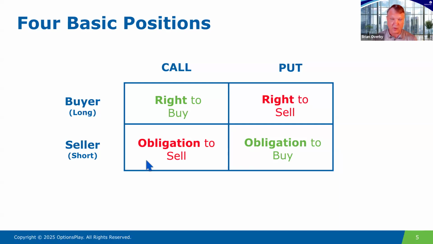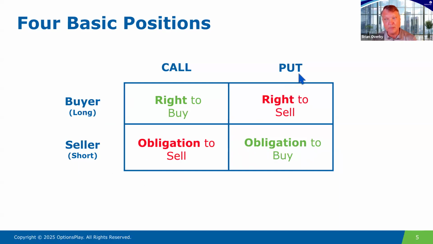On the other side of the coin, on the put side, if you are the buyer of the put, once again, you have all the rights. You pay the cash. You have the right to sell the underlying stock at a specified price called the strike price. That means I'm going to be bearish on the underlying stock. But if I'm the seller, I receive that cash, and because of that, I take on an obligation, and that obligation is to buy that underlying. Then I am considered short.